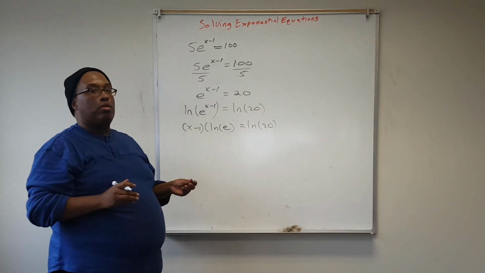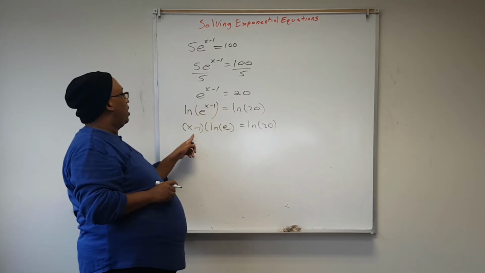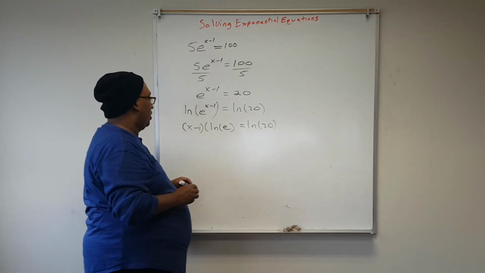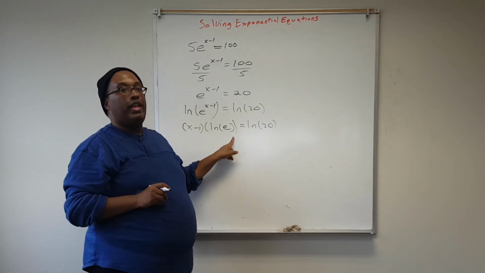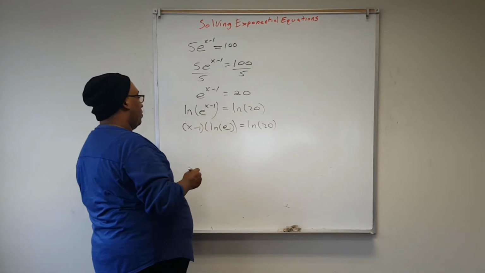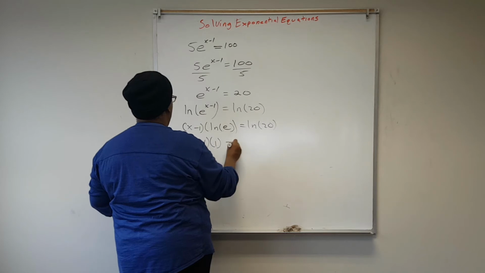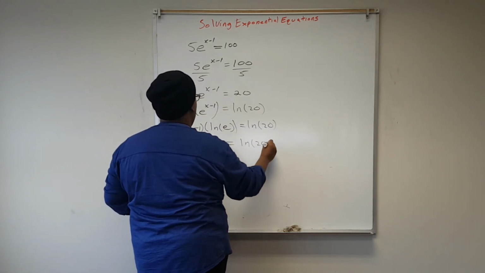One of the rules in logarithms is that the exponent becomes the new coefficient. And another rule here is that the natural log of e becomes 1. So we just have x minus 1 times 1 equals the natural log of 20.